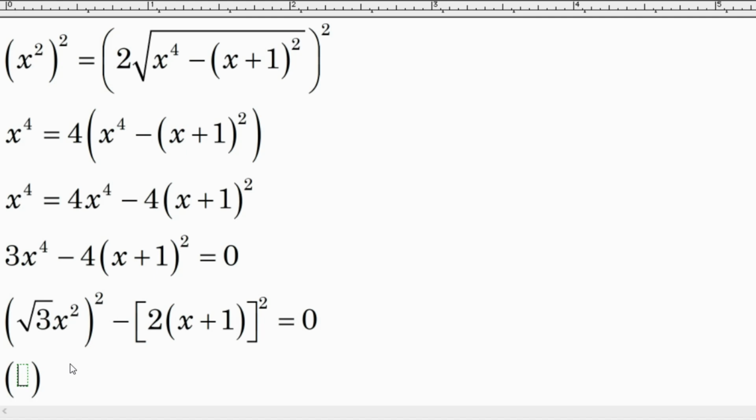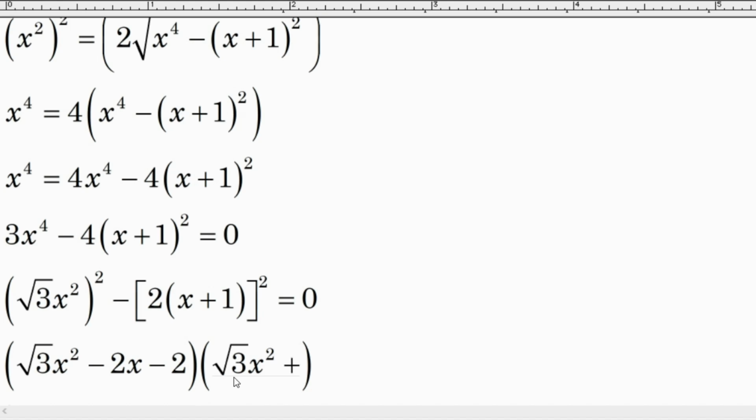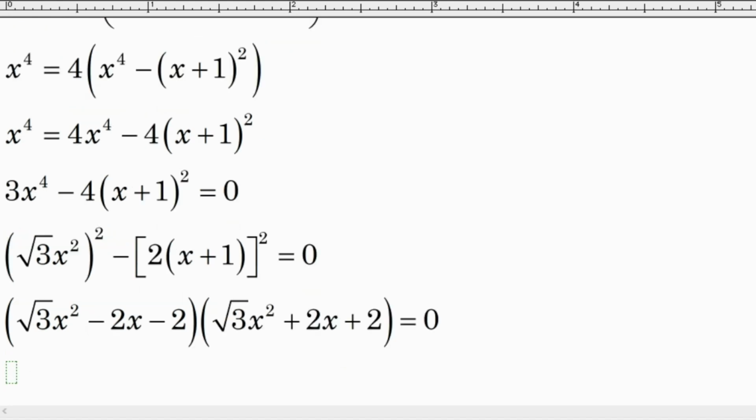So we can take a minus b, so that will be square root of 3x squared minus 2x minus 2, and then a plus b, which is square root of 3x squared plus 2x plus 2, equal to 0.